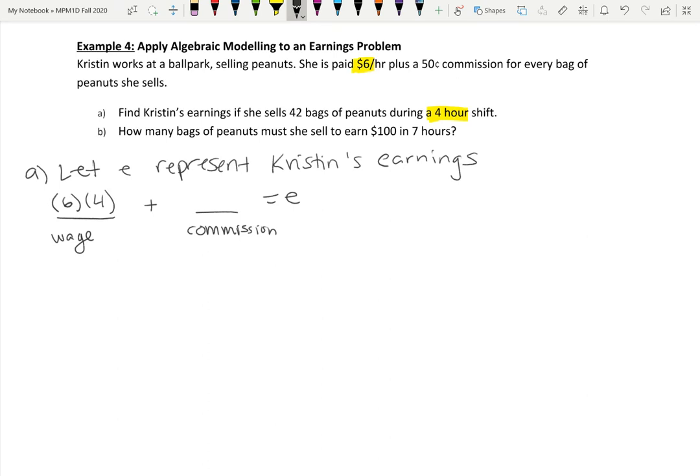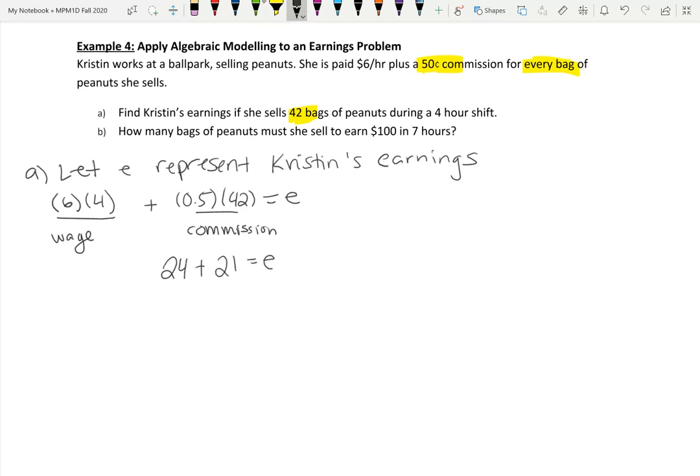Now her commission is 50 cents for every bag. And she sold 42 bags. So 50 cents a bag times 42 bags. Okay. So 6 times 4, that's 24. And then 0.5 times 42 is 21.